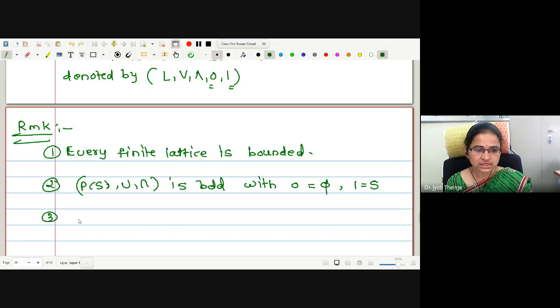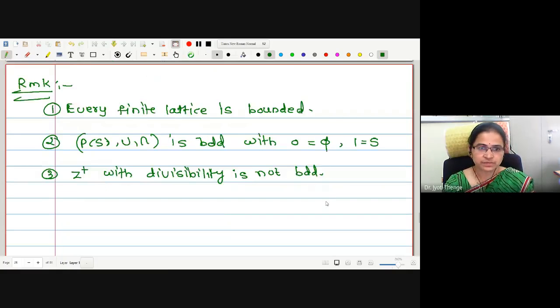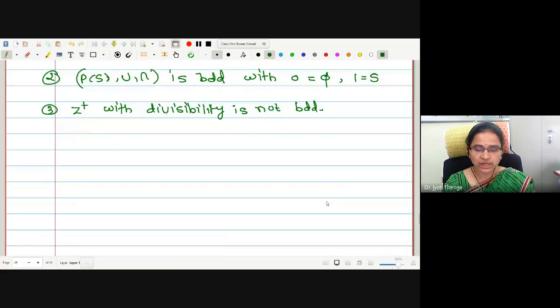Next, Z plus with divisibility is not bounded, because you do not have a greatest element. Z plus is the set under consideration and divisibility is the partial order relation we are defining.